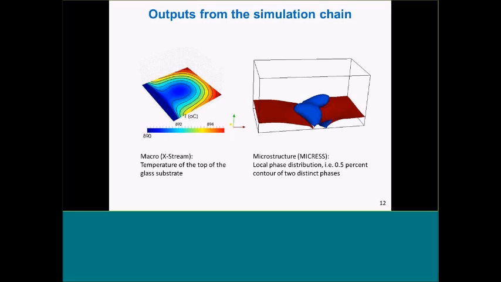What you get back at the top level script is, for example, here on the left, a macro temperature profile, or you can see on the micro level the phase distribution, the local phase distribution of the evolving phases here for one time step or for all time steps. So that's work package 3. And okay, thank you, Ralph, very much.